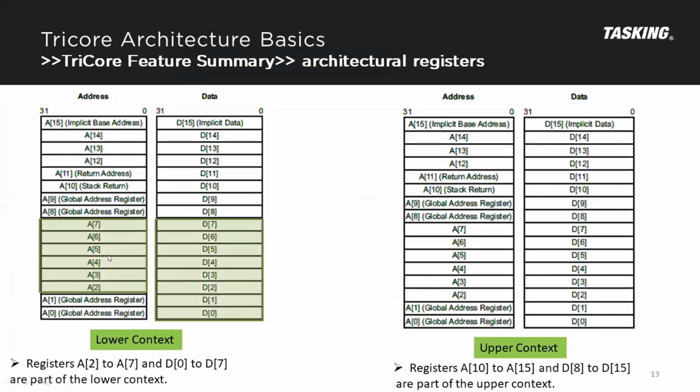The lower part is highlighted here with this green color, and the rest is highlighted as the upper part, called the upper context. One of the powerful features of the TriCore architecture is this context switching. It is taken over by the hardware, so you don't need to write routines to handle this context switching yourself, because it is already taken care of by the architecture.